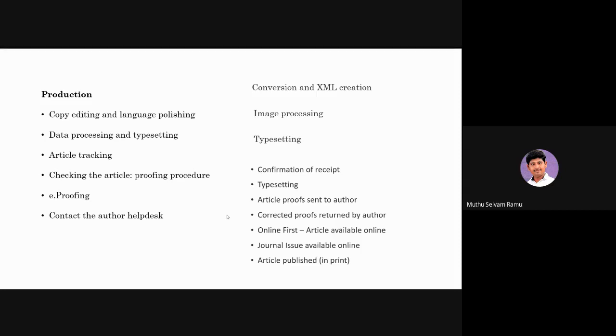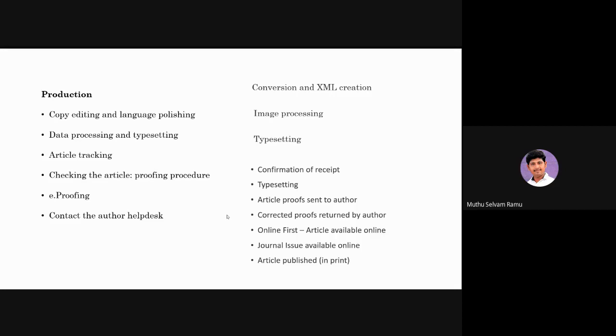What is happening inside the production varies from one company to another, and the general concept is a conversion of your data into XML. They create the XML, then do image processing and typesetting. These are the major things going on inside the production industry.